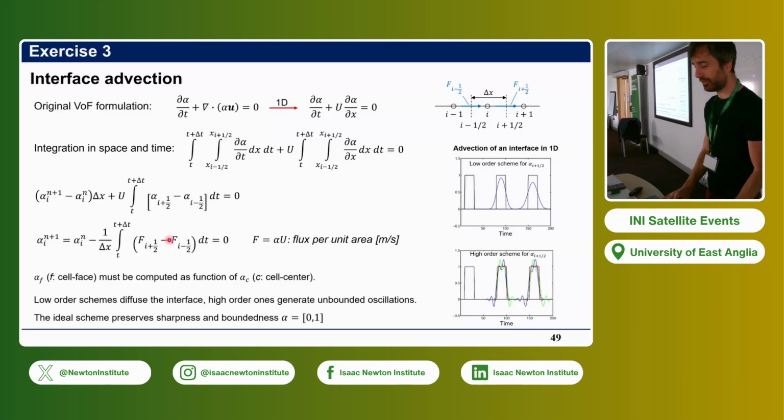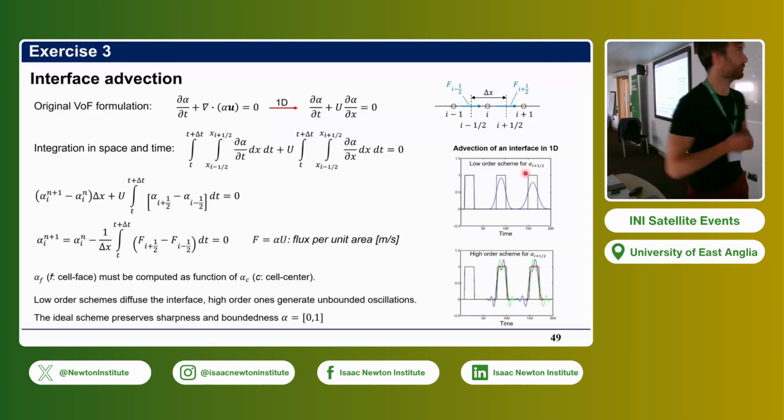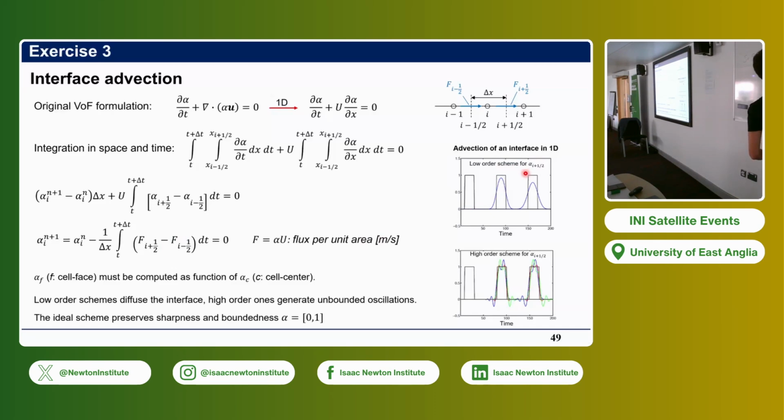So if you use this typical method here that I show in the slide, which is the way you would solve a convective term in any equation by interpolations, you would see that if you use a low-order scheme to find the interpolated value of alpha, for example, finite central differences where you take alpha here plus alpha here and you take the average of the two, very typical second-order scheme, well, you would see that over time you have a big diffusion of alpha.